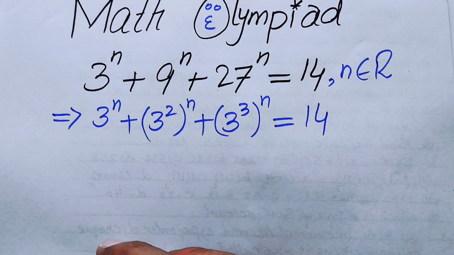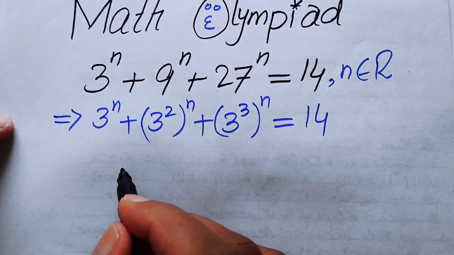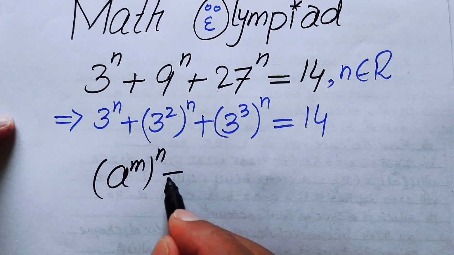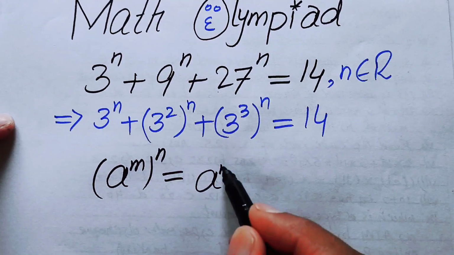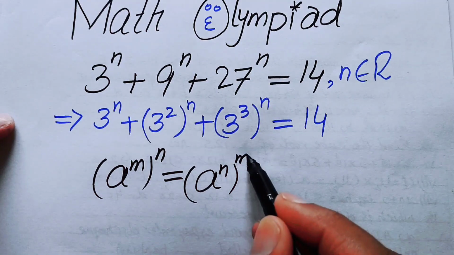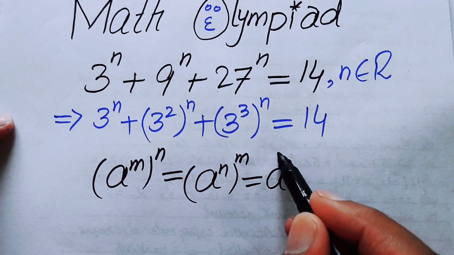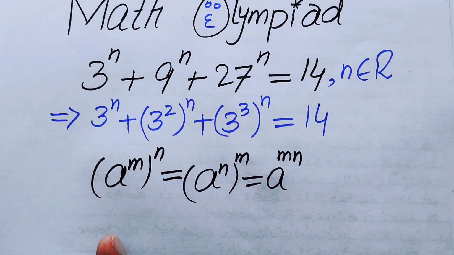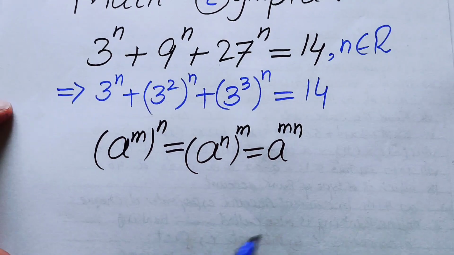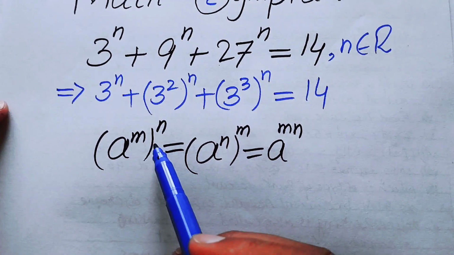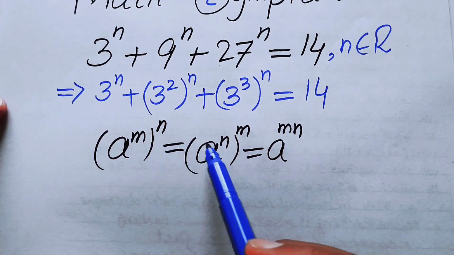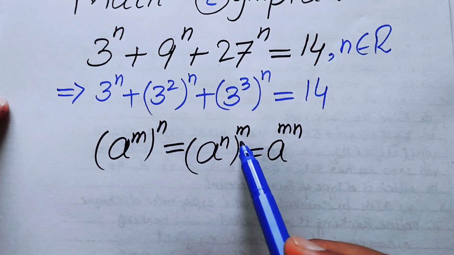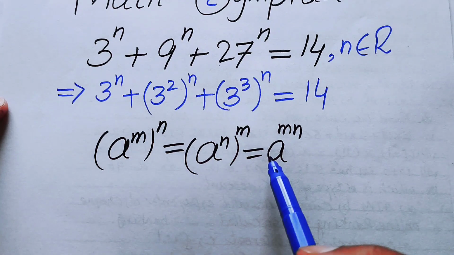After that I can apply the nice exponential law, and you know about this law: if we have a to the power of m to the power of n, it is equal to a to the power of n to the power of m, and it is equal to a to the power of m times n. This law just tells us that if you have exponent to the exponent, you can interchange these two exponents, like here you have mn and you can write nm, so it cannot affect the final answer.